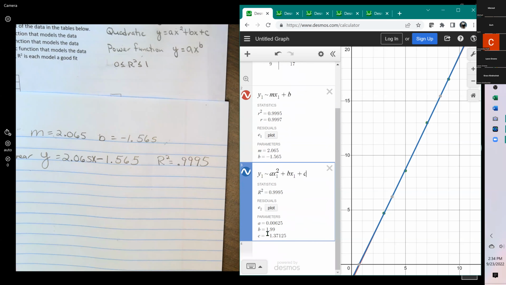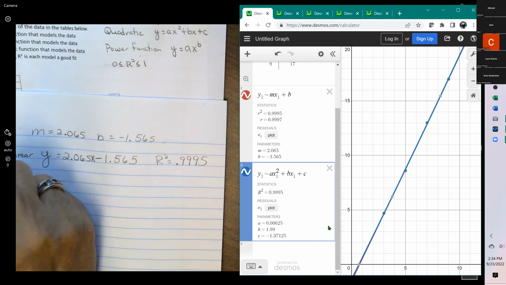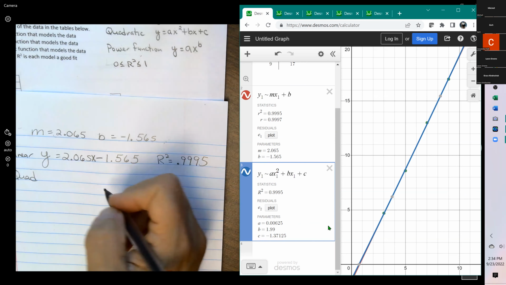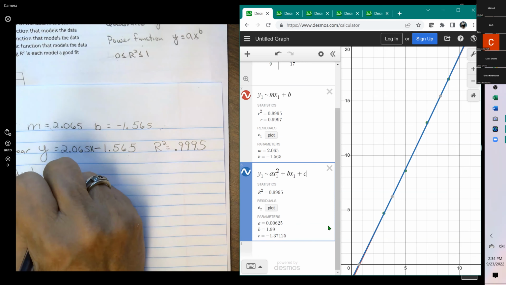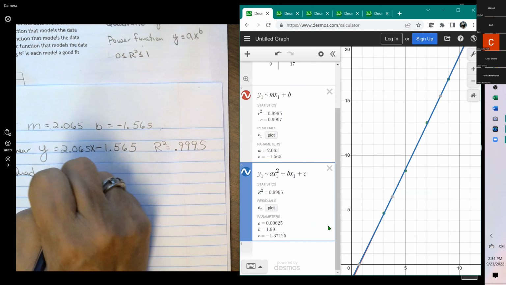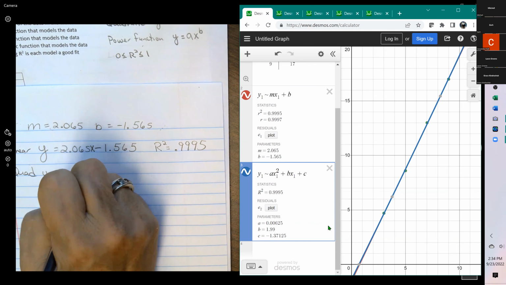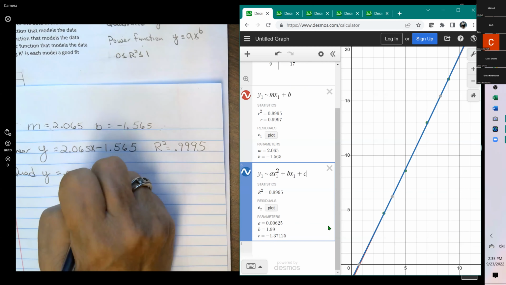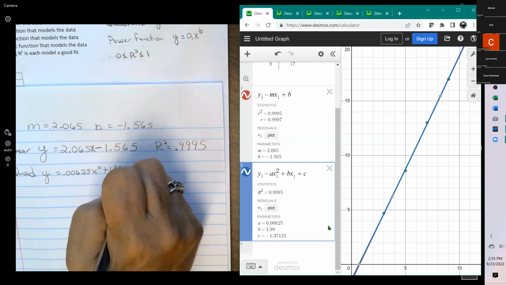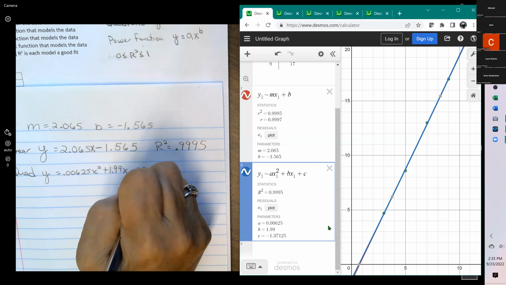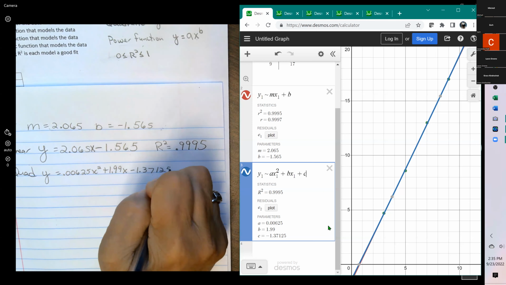So we should be getting this, and here's our A, our B, and our C. So our quadratic, y equals 0.00625x squared plus 1.99x minus 1.37125.